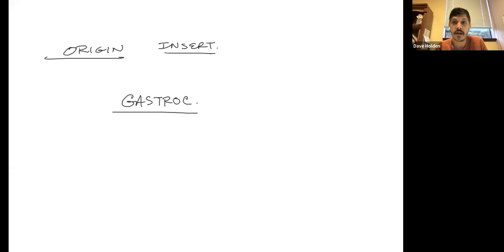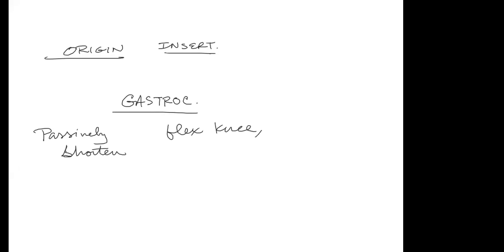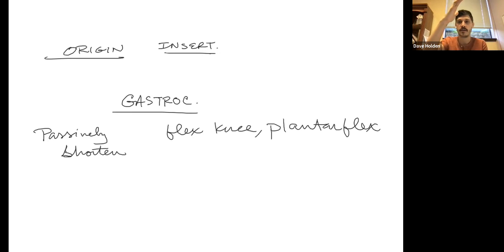How do I passively shorten the gastrocnemius? Flex the knee and plantar flex the ankle. So I take the client's leg, I bend their knee, and I point their toes. And that gastrocnemius is about as short as it's going to get.